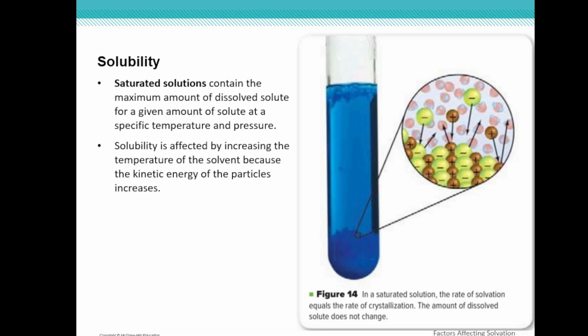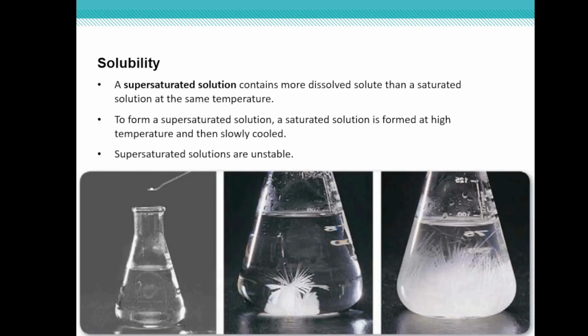At this point, we see the model: the amount of ions in solution is at equilibrium. Some ions are leaving the crystalline form and going into solution at the same rate that other ions are forming crystals. So we don't see any net change in the rate of solvation here.